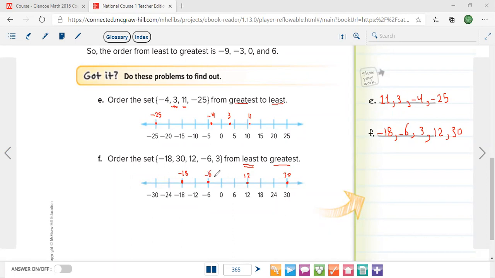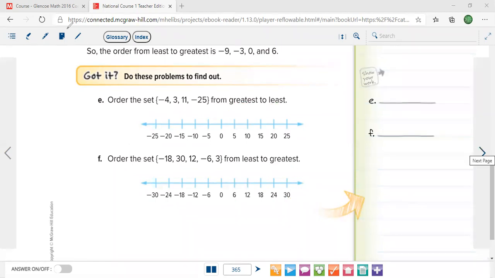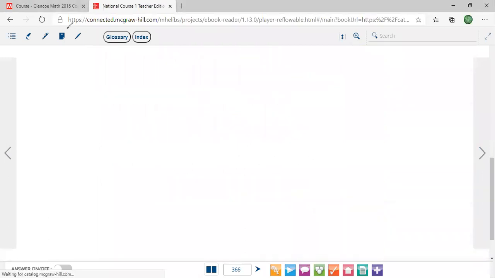And +3 is exactly in the middle between 0 and 6. Now you know you can order from least to greatest: this one, then this one, then this one, this one, this one. If you want greatest to least, you can move this way, but the question asks you from least to greatest. See how easy? We need to give thanks to Allah that the lesson is so easy.